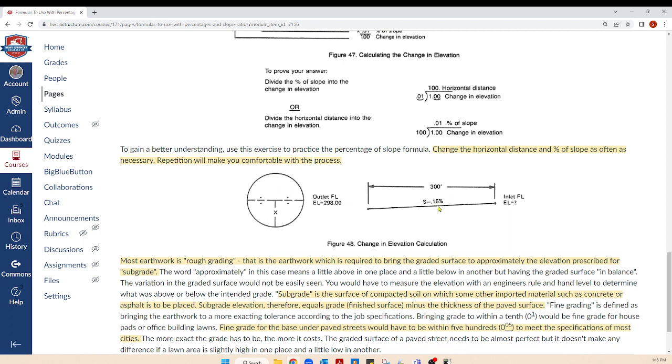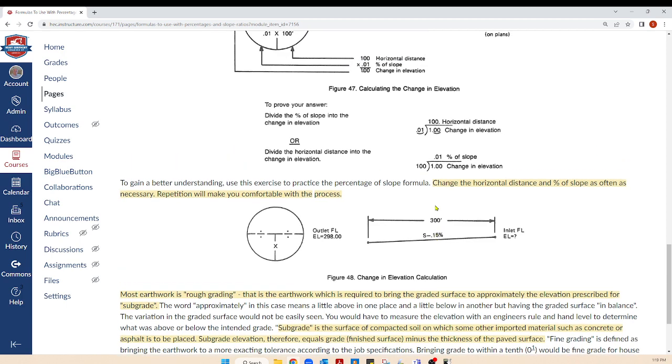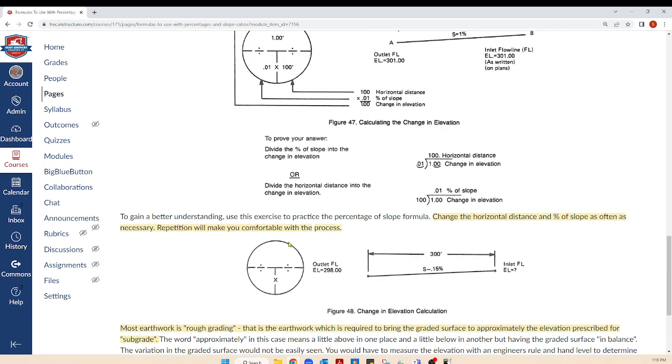Here's one. We'll give us another shot. What's the elevation here if this elevation outlet is 298? So we've got 300 foot. That goes there, 300 foot. And we have 0.15%.